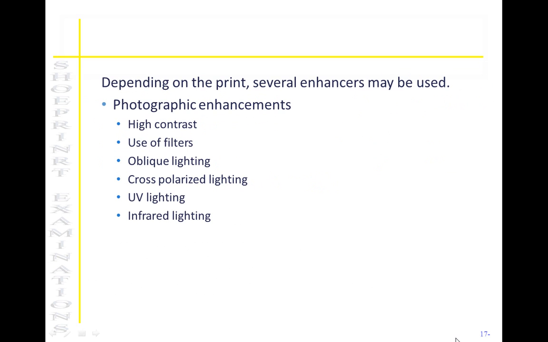Depending on the print itself, there can also be different enhancers used for your two-dimensional patterns. You can either have different types of photography enhancers where you're using different filters to present different contrast, different lighting, different polarized lighting might be used, or UV lighting or infrared lighting.